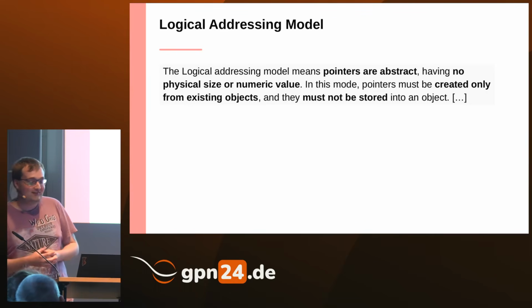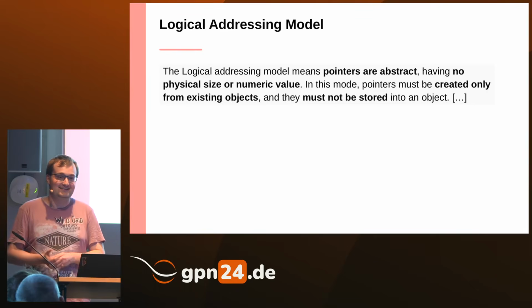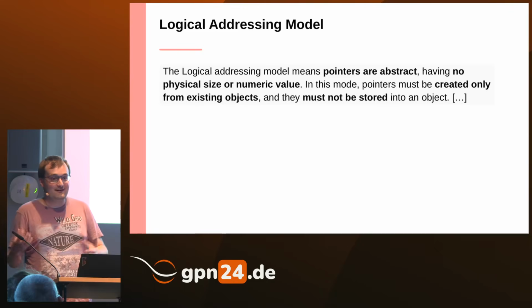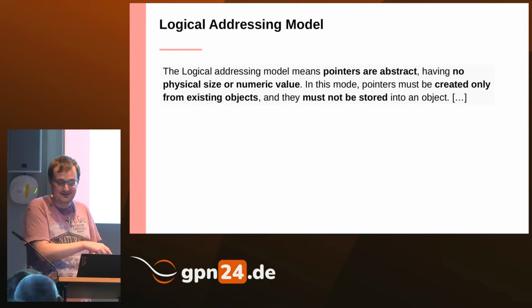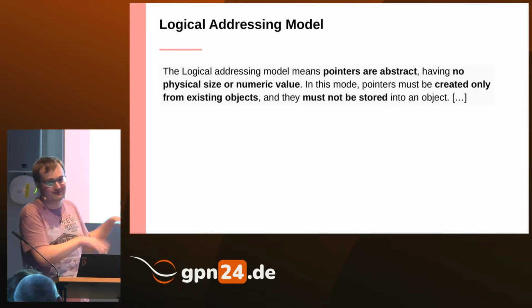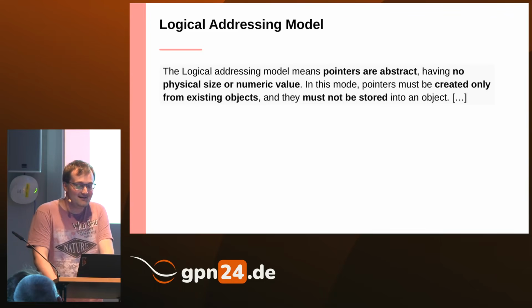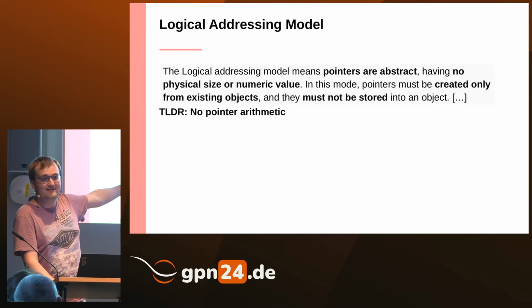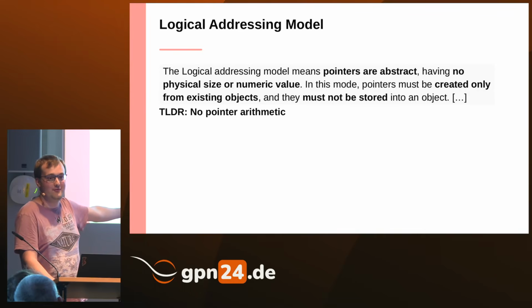They're really just like aliases, in a sense. And you can only create them from existing objects you can alias to, and you can't store them in other objects, and there's a whole bunch of weird limitations around them. So TLDR, you can't do pointer arithmetic. And now think about how much depends on pointer arithmetic in your code.